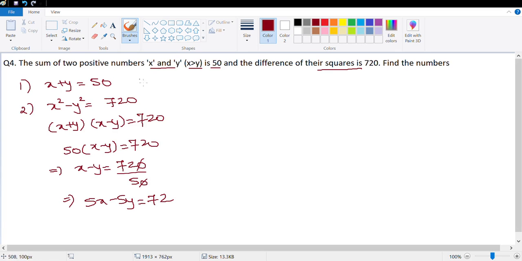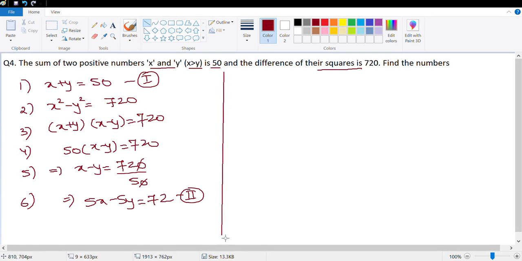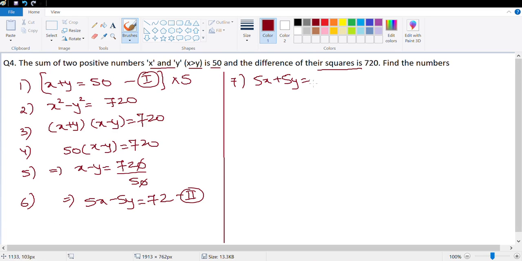So this was our first equation, and now this is our second equation. Let me number the steps meanwhile, and let's see how we can solve these two simultaneous equations. Let's multiply the first equation with 5, and what we'll get is 5x plus 5y is equal to 250, and 5x minus 5y is equal to 72.